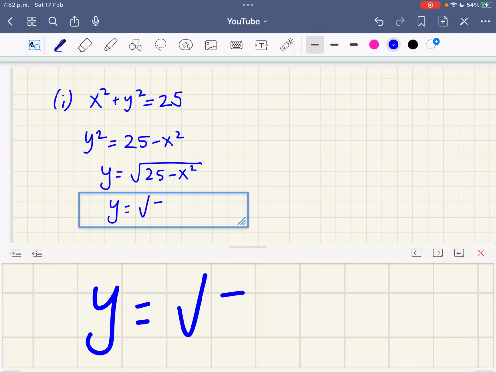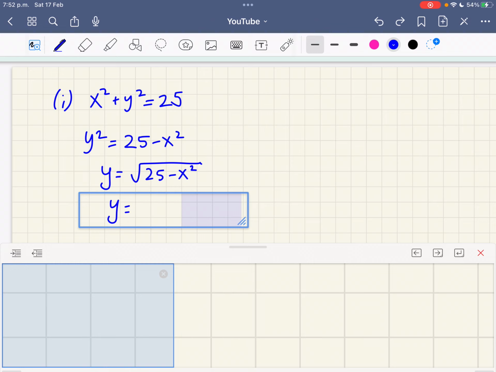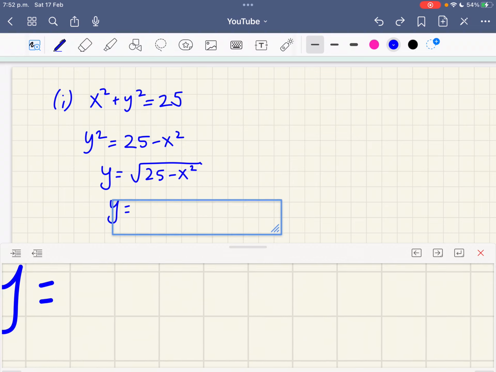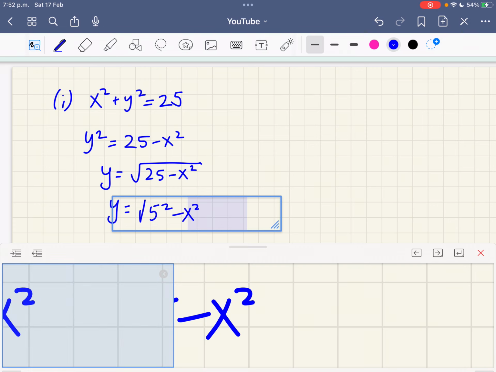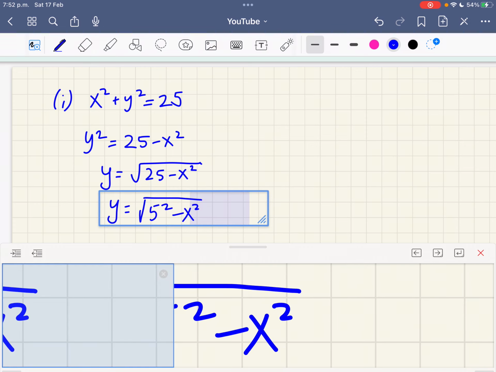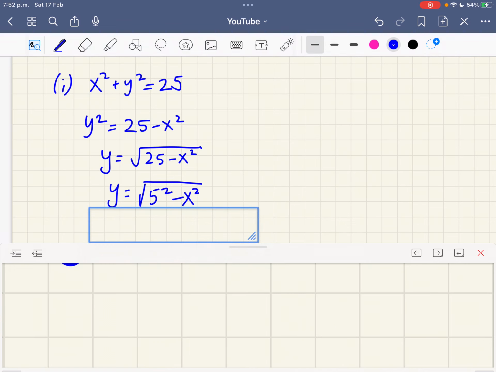the square root of 5 minus x. Sorry, the square root cancels out with that square, so we are just left with 5 squared minus x squared. We'll leave it like that for the time being, actually.